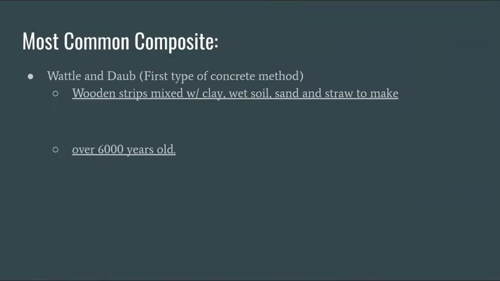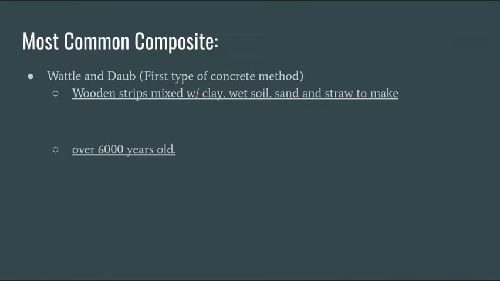And this method is over 6,000 years old. So the mud and straw method was way older than 6,000 years old. And then we come into adding different wood and clay in sand into the old methods, and it makes a more durable kind of brick to build a house.